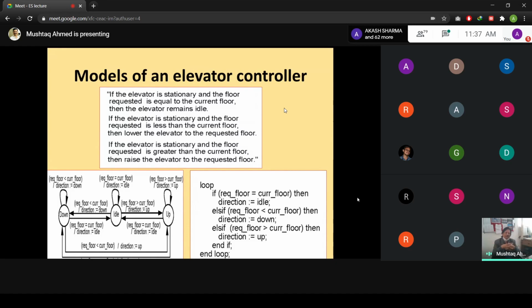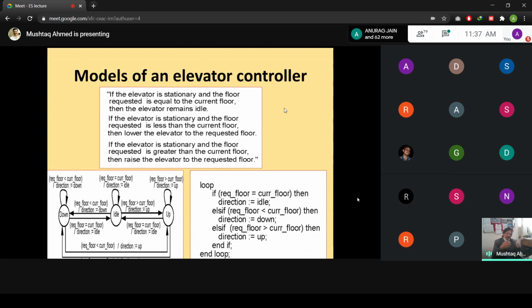You might have seen that nowadays all these elevator controllers are smart enough to decide which lift door should open, or which lift should go near the customer who is requesting that floor.